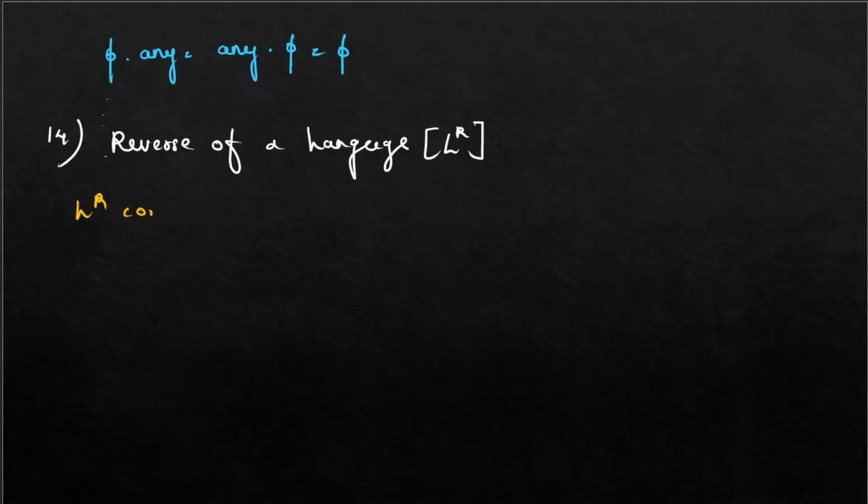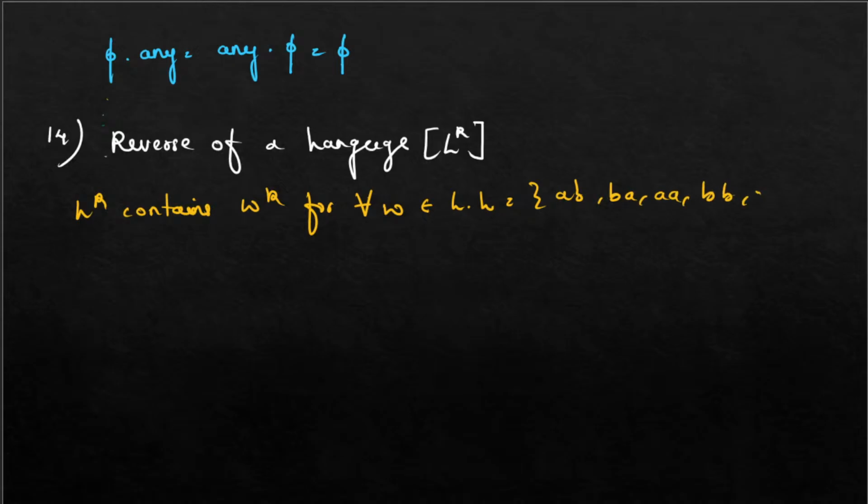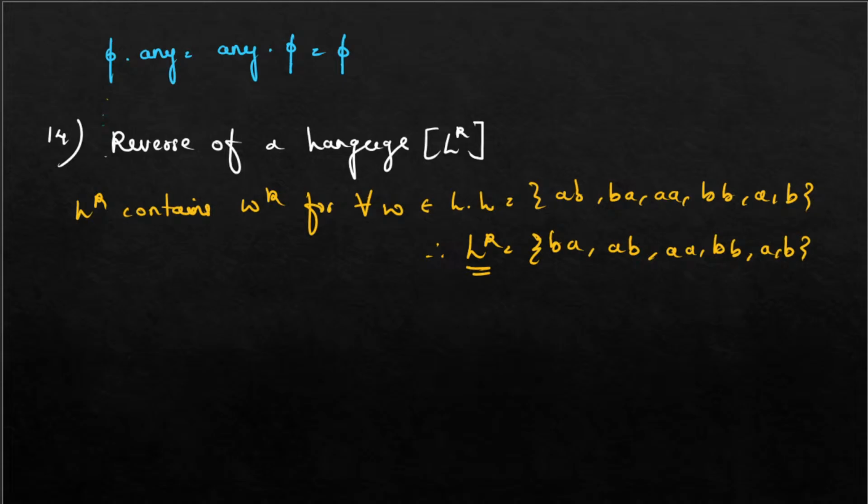L^R contains w^R for all w belongs to L. If L is {AB, BA, AA, BB, AB}, what will be L^R? It will be BA, AB, AA, BB, BA, like this. So this will be L^R.